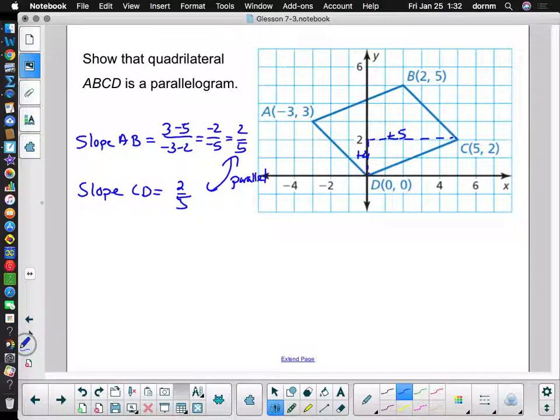Then I'd have to do the same thing for the other two sides, very clearly labeling slope of BC. Okay, finding the slope of one pair of sides is not good enough. Got to have the slopes of both pairs of sides. Slope of BC, 5 minus 2 over 2 minus 5, which is positive 3 over negative 3, which is negative 1.